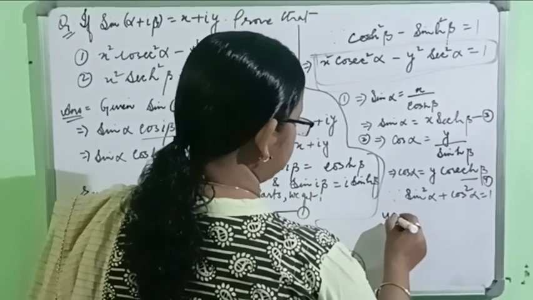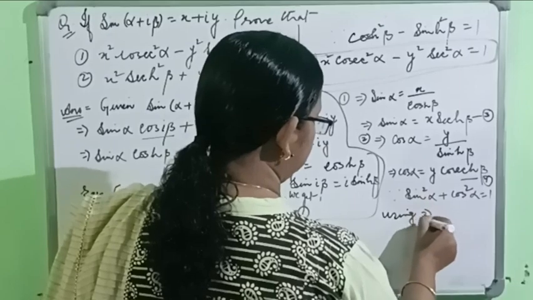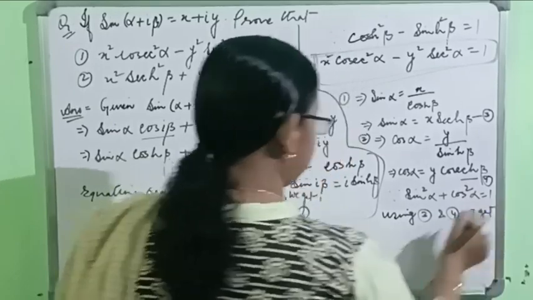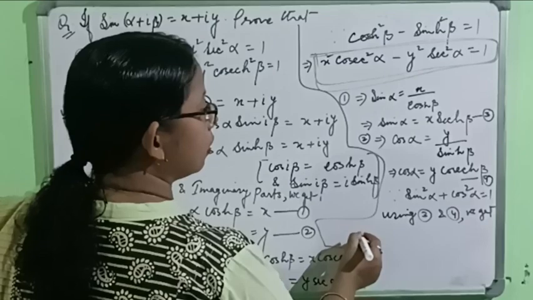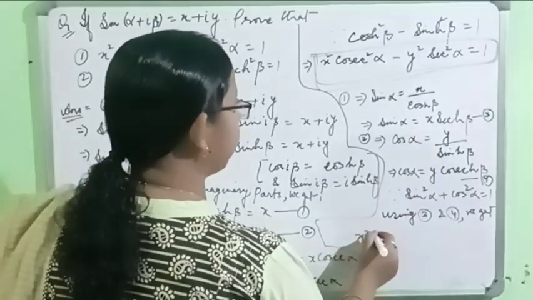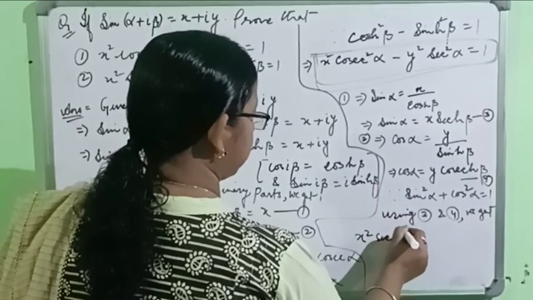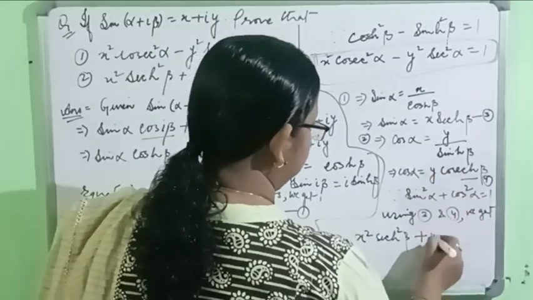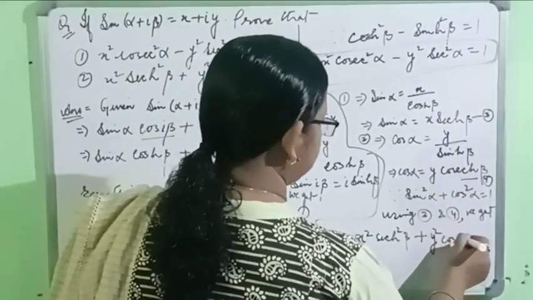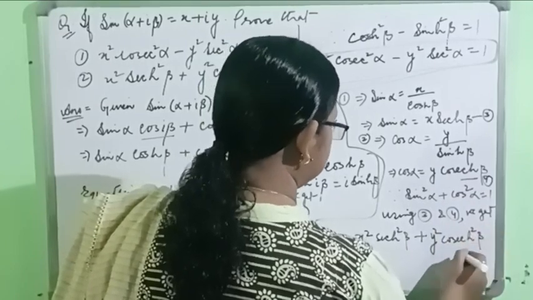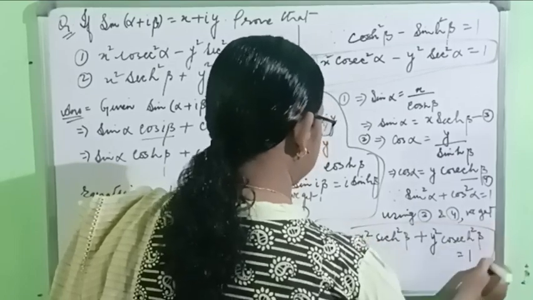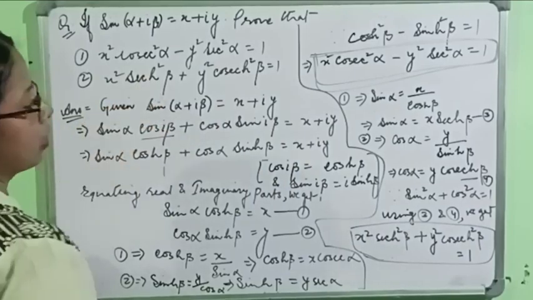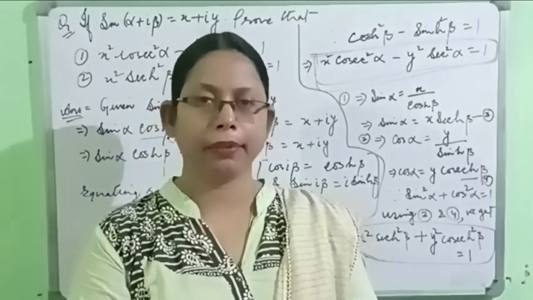So, using 3 and 4, we get sin square alpha is x square sech square beta, and cos square alpha is y square cosech square beta, and these are equal to 1. So the second identity is also proved. With that, I would like to conclude. Remaining will be in the next lecture. Thank you.